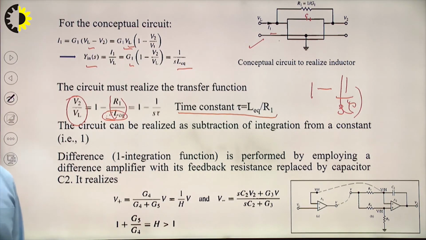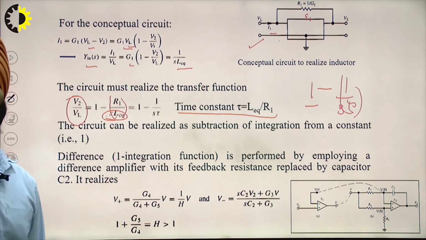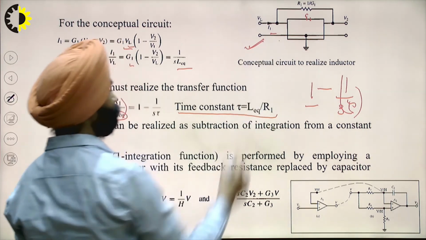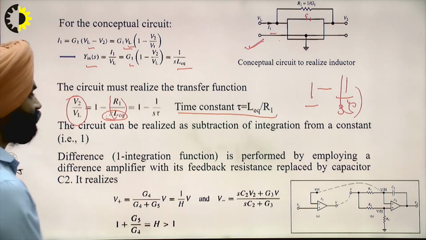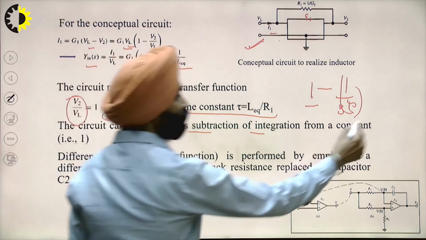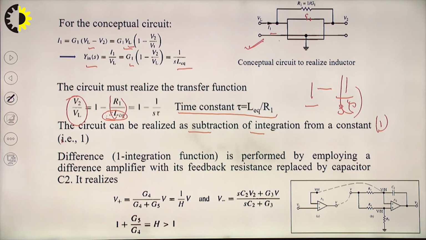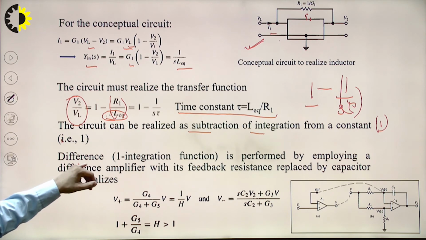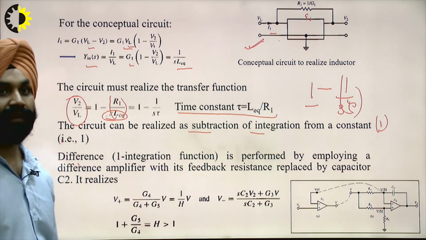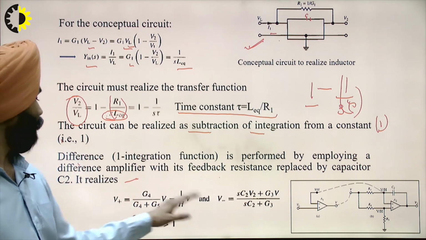So this is the integration of tau, which is subtracted from 1. We can say that the circuit we have conceptualized is the subtraction of an integration from a constant, which is 1. So we can realize the conceptualized circuit by integrating it. The difference is performed by employing a difference amplifier with feedback through a capacitor.